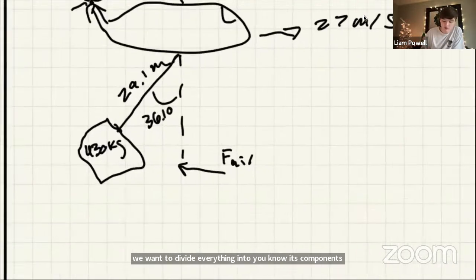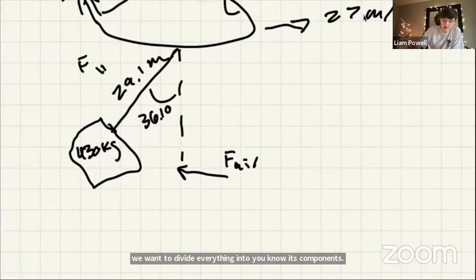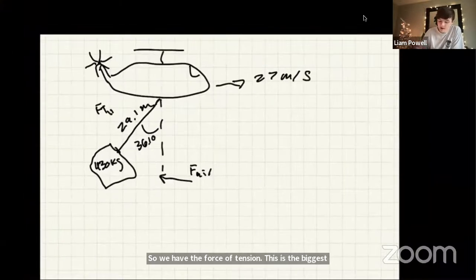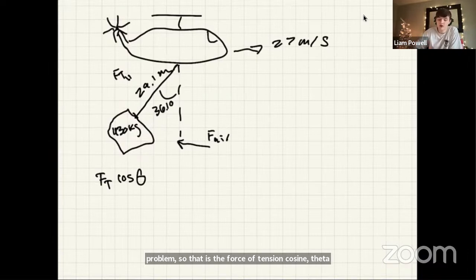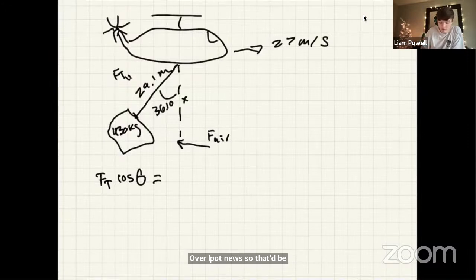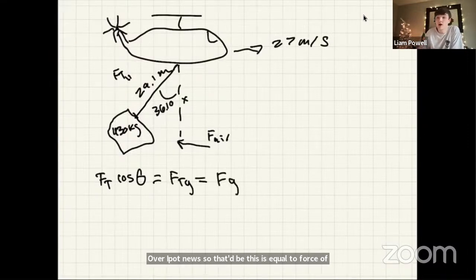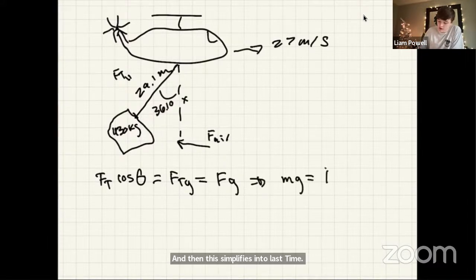So we have the force of tension. This is the biggest force that we're going to be looking at for this problem. So in y, the force of tension cosine theta, where cosine is adjacent over hypotenuse, is equal to the force of gravity of the bucket. This simplifies into mass times gravity is equal to force of tension cosine theta.